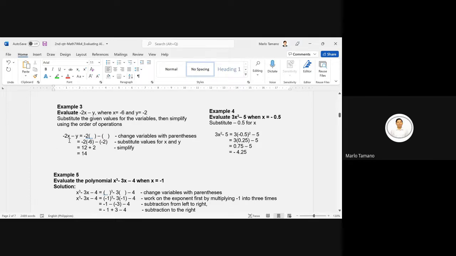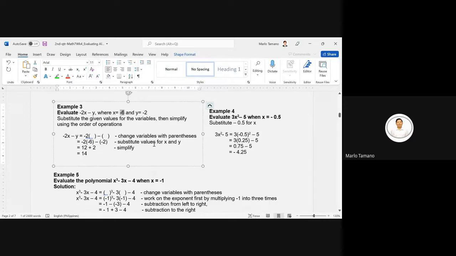So negative 2x minus y is equal to negative 2, then open and close parenthesis minus open and close parenthesis. Change the variables with parentheses. So replace x with negative 6. Ayan po, given siya nasa itaas. Then, yung y is negative 2.